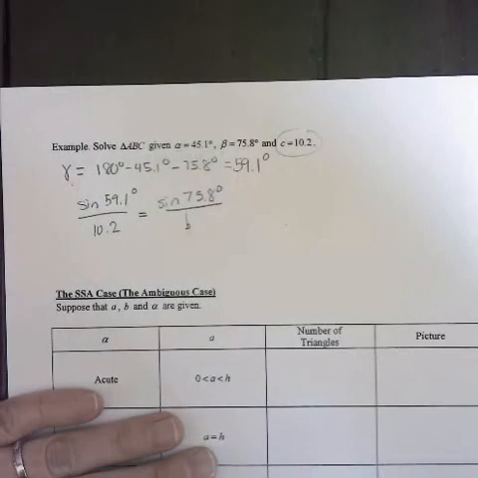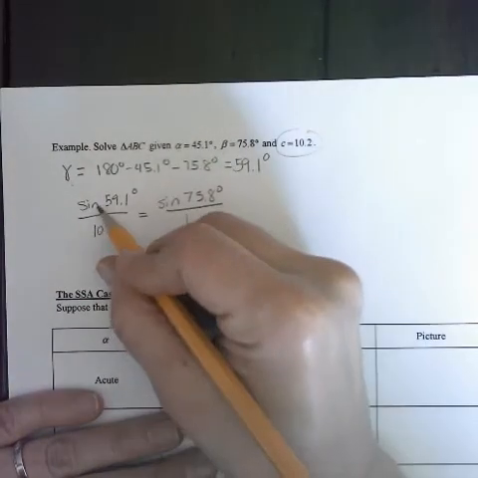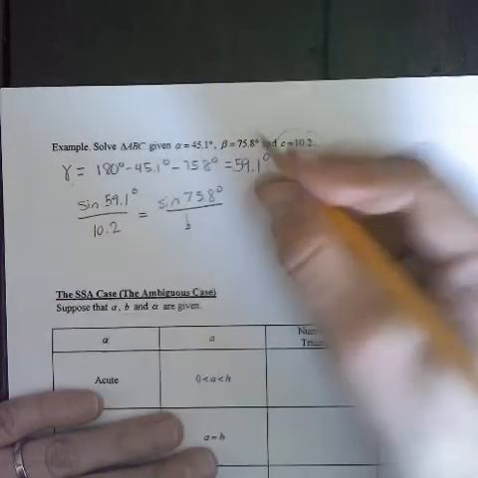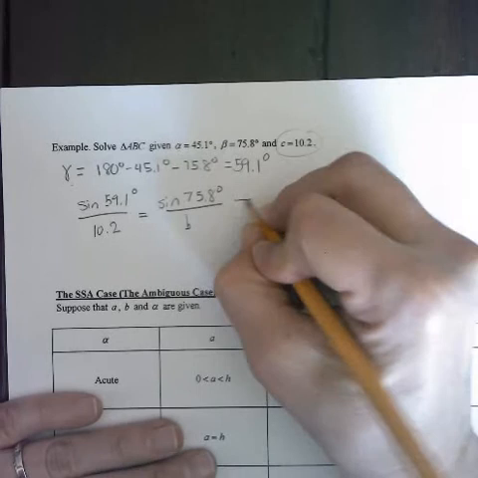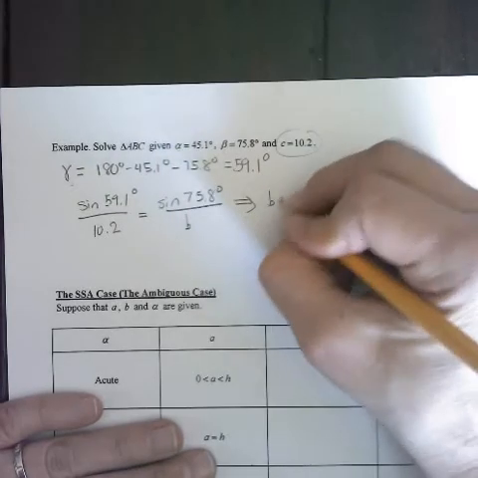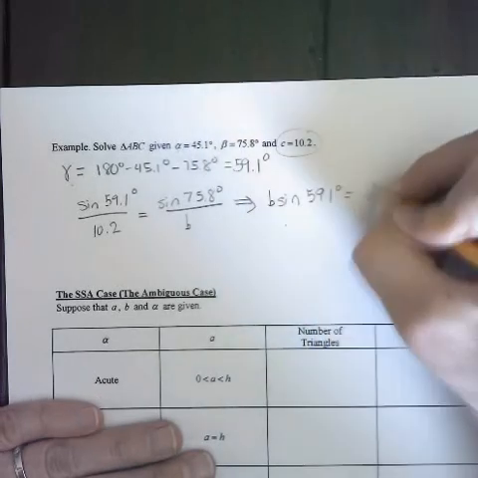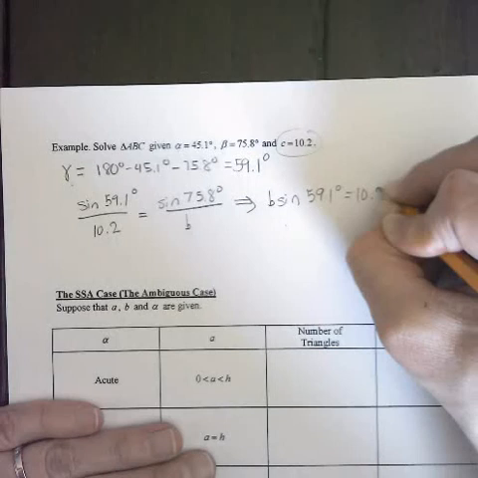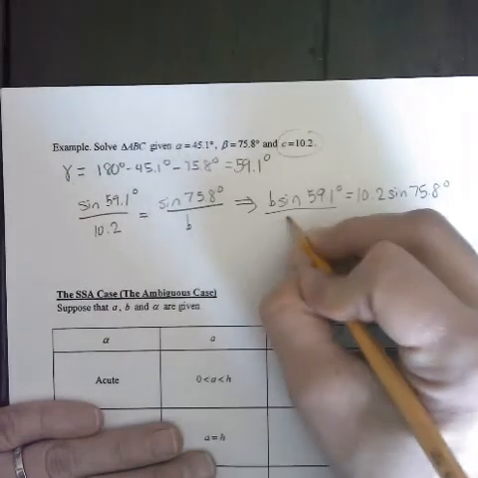Okay, so what I usually do is I cross multiply and then divide. I won't always write this step out, but I'll show the steps the first time. So B sine of 59.1 degrees equals 10.2 sine of 75.8 degrees, and then divide by sine of 59.1 degrees.